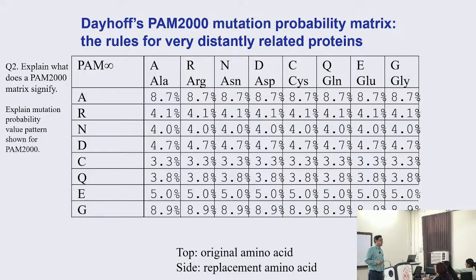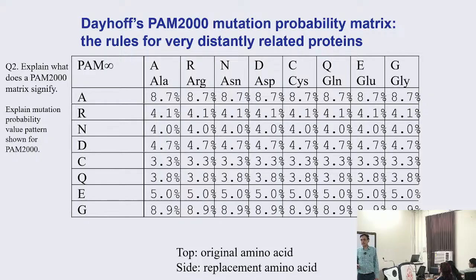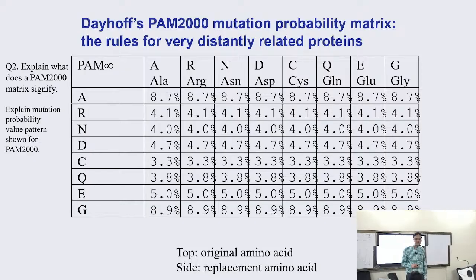Over 100 amino acids. And another interpretation: 2000 substitutions, 2000 changes over 100 residues. Other interpretation: distant relatives. Yes, of course, distant relatives. Any other interpretation?